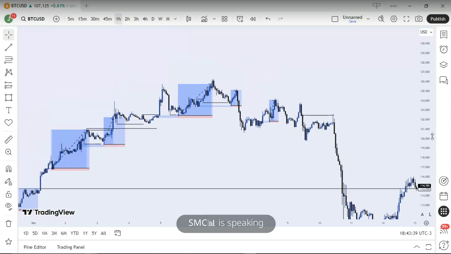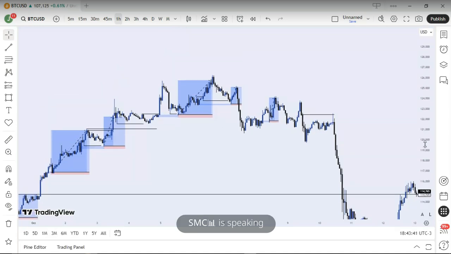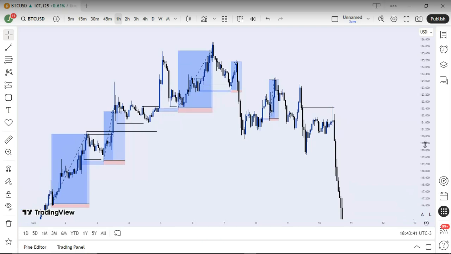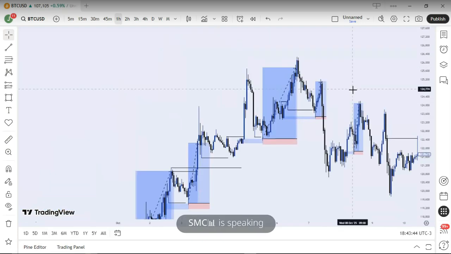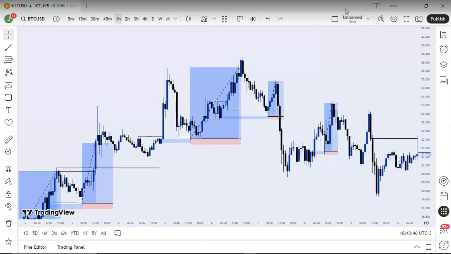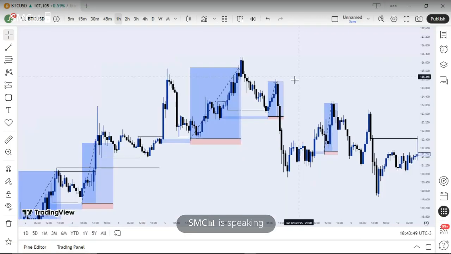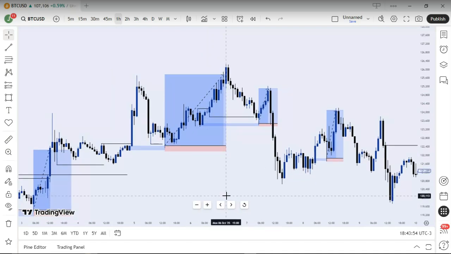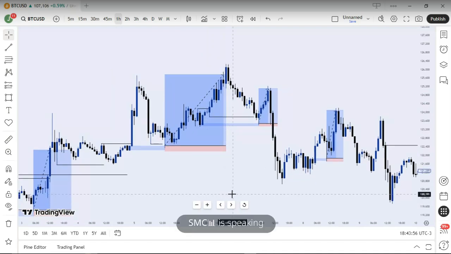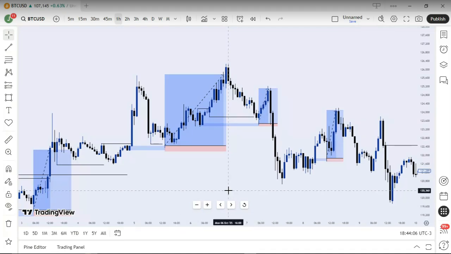Now this is another example, an example of a bullish order block.